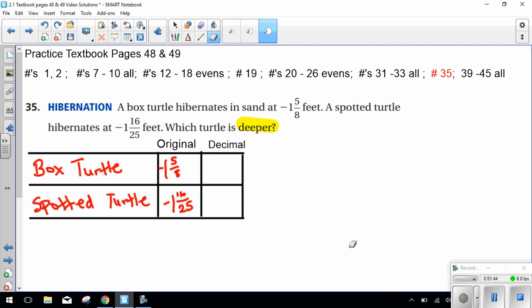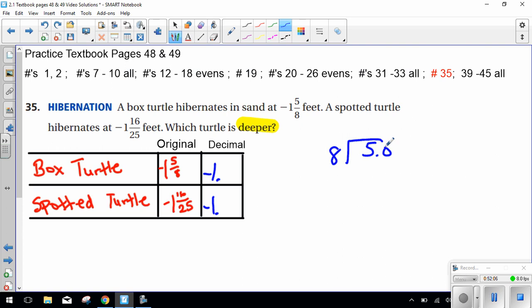Remember, decimals are way easier to compare than fractions, and it gets rid of the whole deal of trying to find common denominators. So I know this is going to be -1 point something, and so is this. So I just brought the integers over. I'm going to take 5 and divide it by 8, add a decimal and a 0. 8 goes into 50 6 times.